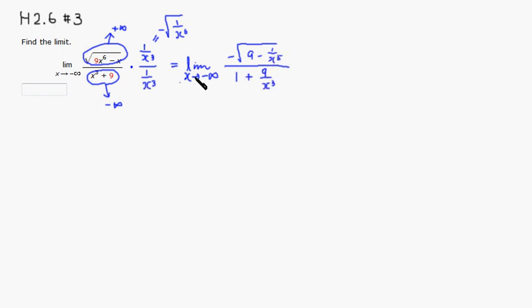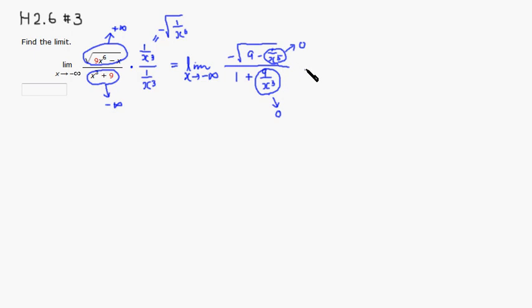Then we see what's going to happen. The 9 over x cubed is going to be 0, because 9 divided by a huge number cubed goes to 0. And for the same reason, 1 over x to the 5th will go to 0.